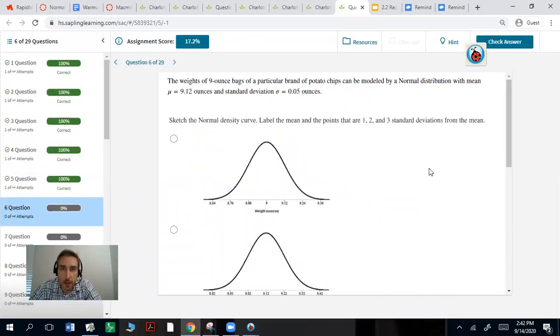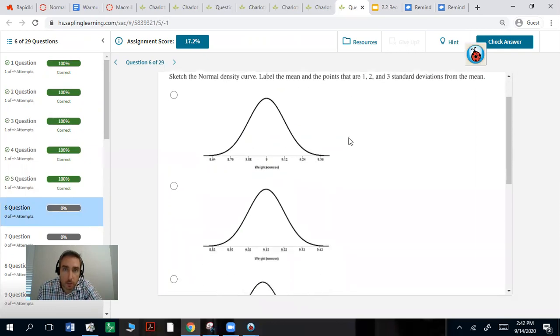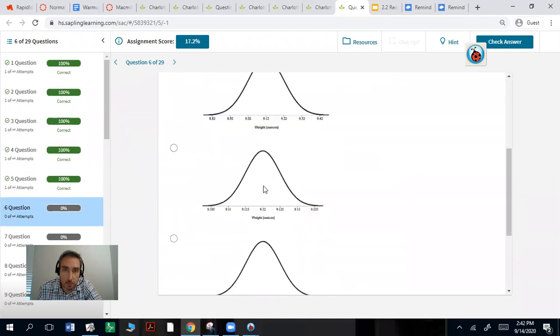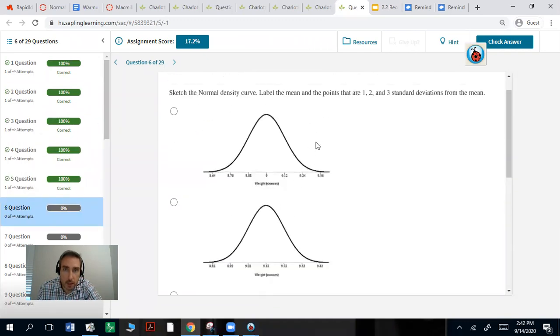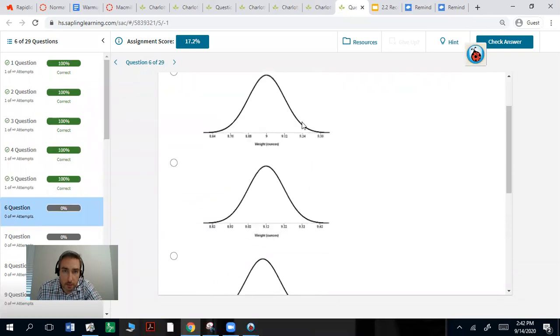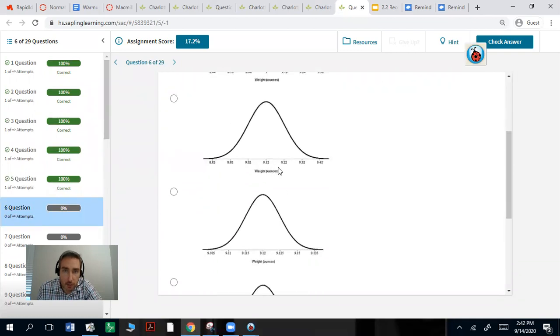The weights of 9-ounce bags, in particular potato chips, can be modeled by a normal distribution with a mean of 9.12 ounces and a standard deviation of 0.05. Well, we have to have the middle number be the mean, so we don't want to pick that. 9.12 is your mean. So since the standard deviation is 0.05, we have to add 0.05 going up and down.